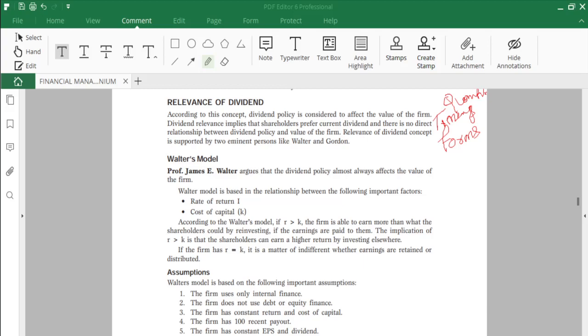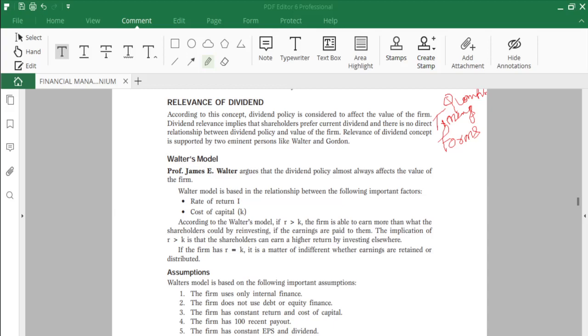Whether you pay dividend or not, there won't be any impact on the value of the firm or the price of the shares. Today we would be covering the relevance theory of dividend. So let us explore what this is.